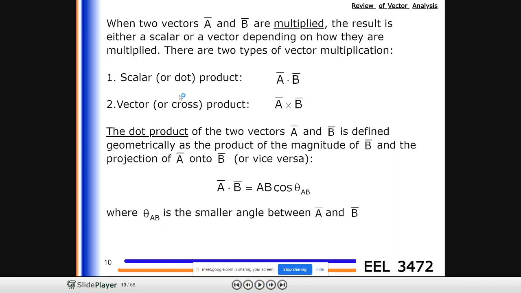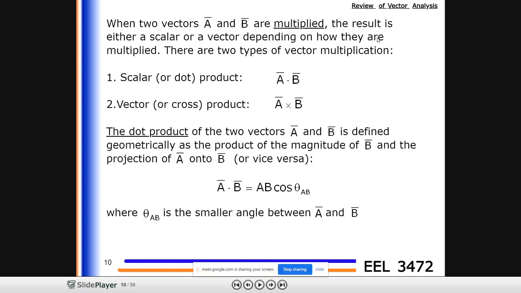Now see, these things are important. You are going to use this when you are solving problems, and what we are going to discuss now you will come across most of the time. So multiplication: there are two types of multiplication, because when you multiply two vectors, you may end up with a vector or you will end up with a scalar.